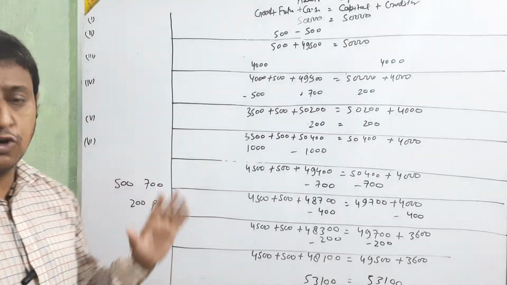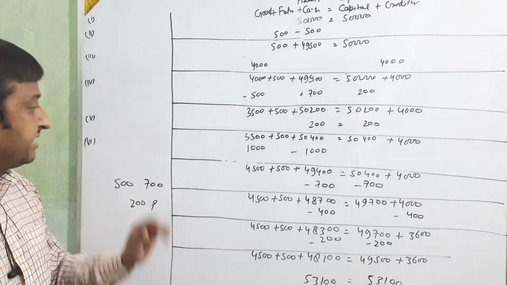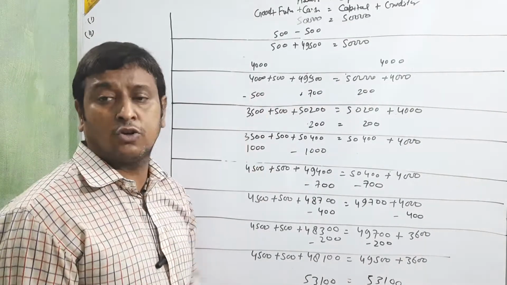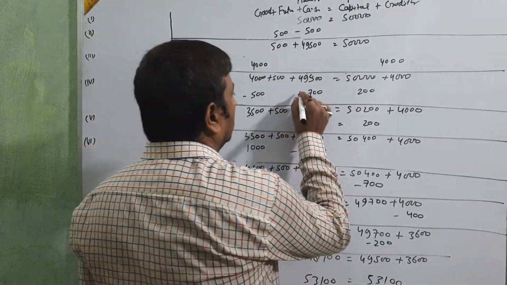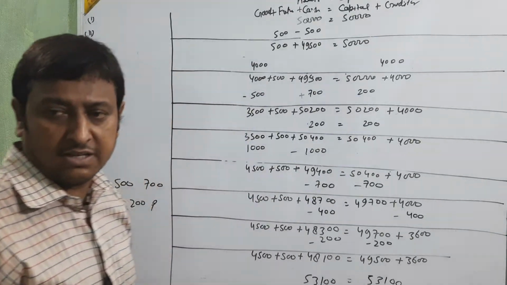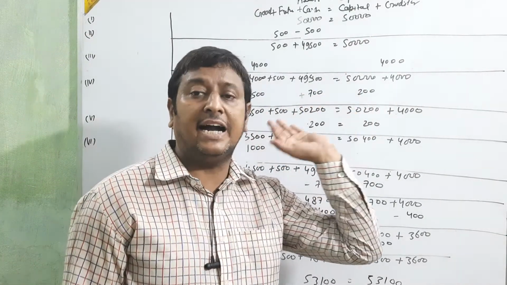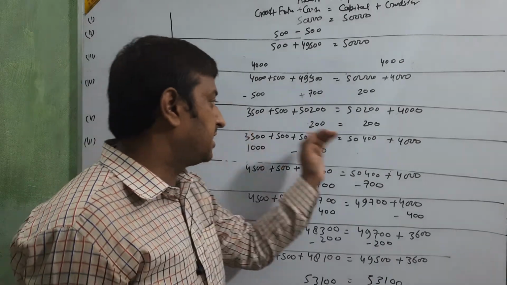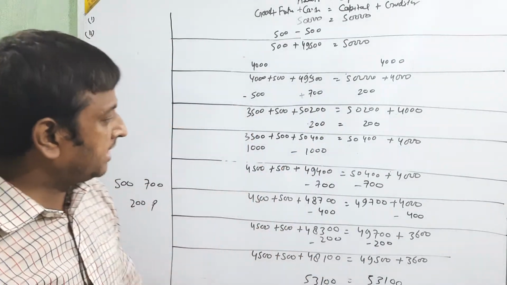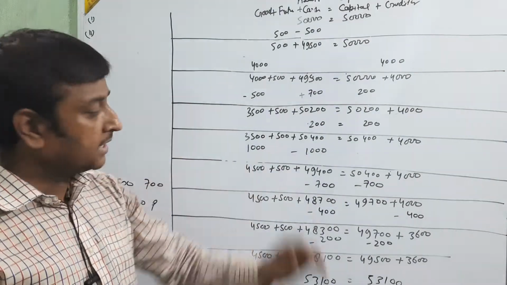Sold the goods of cost value 500 for 700: less from goods 500 but add cash 700 because you are receiving 700. Profit 200 will be added in capital. Next, we receive the income 200, add in cash and capital.